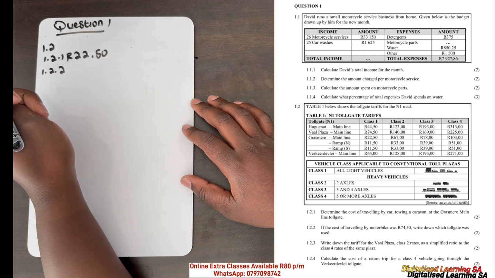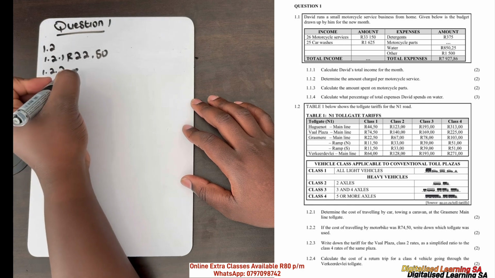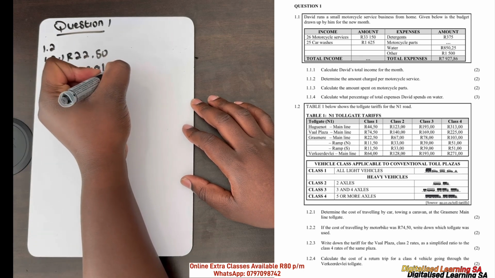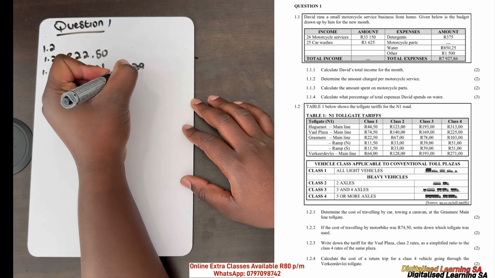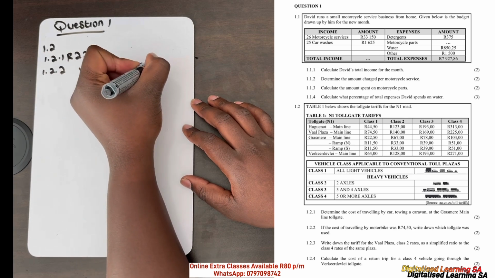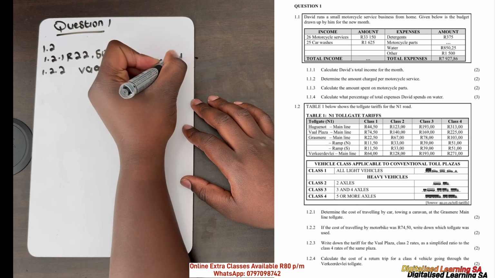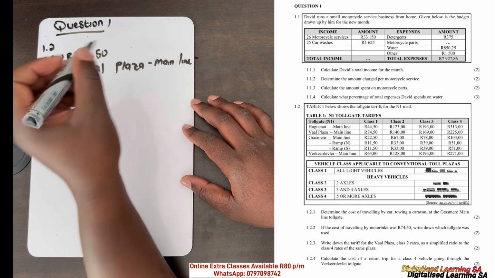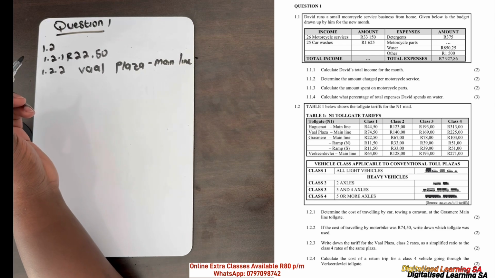So now we need to go on class 1 and see the toll gate which costs 74.50 rand. And if we do that, we can see that the toll gate name will be Vaal Plaza main line. So this is the name of the toll gate.